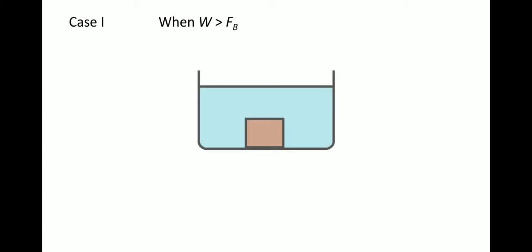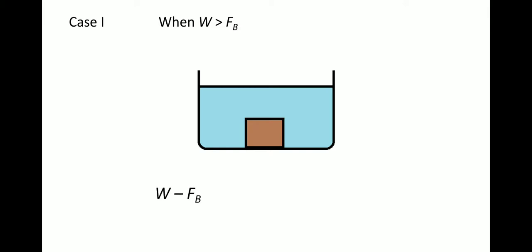And also we have learned that there are three cases for the body to float or to sink. Case 1, when the weight of the body is greater than the upthrust. If the weight of the body is greater than the upthrust, then the body will sink at the bottom of the liquid with the force of W minus Fb.